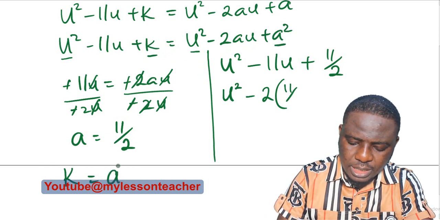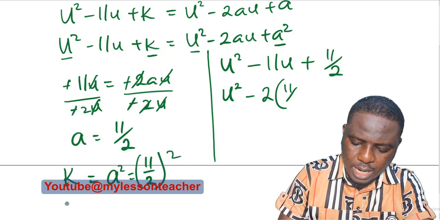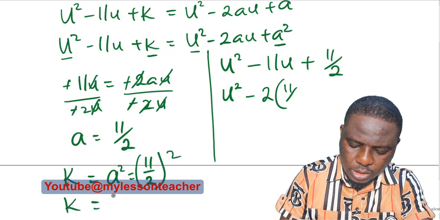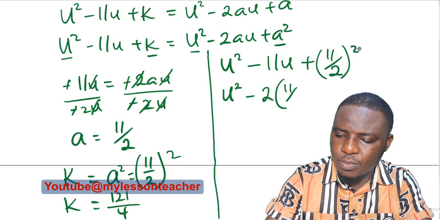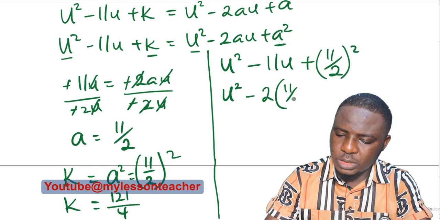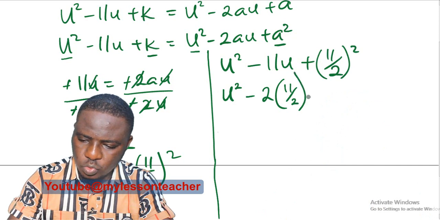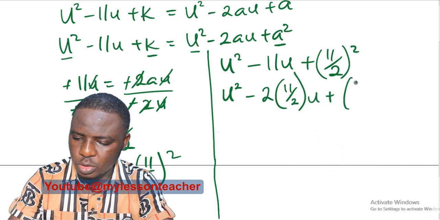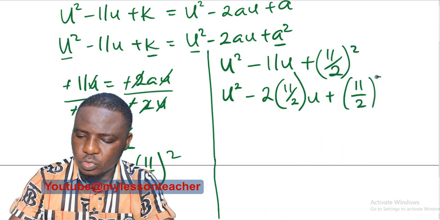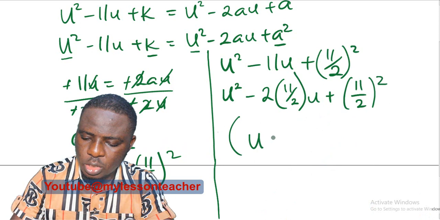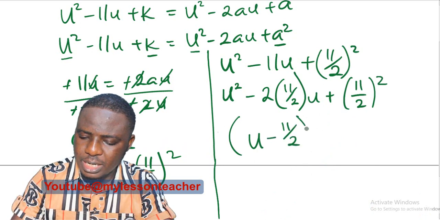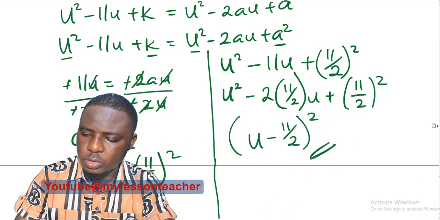It therefore means that k is a squared, which is equal to 11 over 2 squared. And 11 over 2 squared is said to be 121 over 4. So 121 over 4 is that term that must be added here. So this becomes u squared minus 2 into 11 over 2 u plus 11 over 2 squared. So that when you factorize this, you have bracket u minus 11 over 2 all squared.